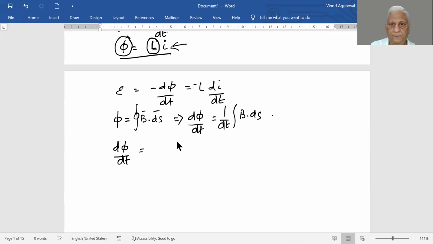This was if the coil had a single turn. If you have N number of turns, then this simply gets multiplied by N.